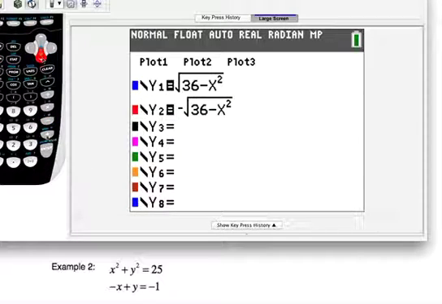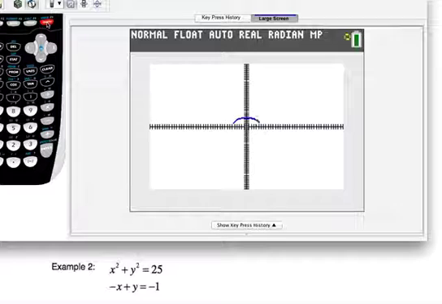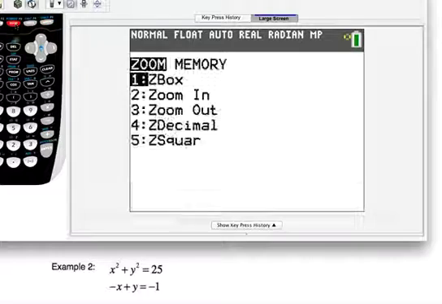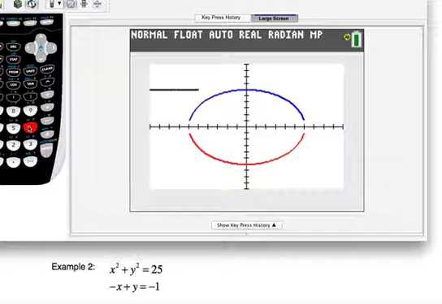And your last equation was y equals 6. So whenever you graph it, you can see that there's the top part of your circle, there's the bottom part of your circle, and there's your line where they intersect.